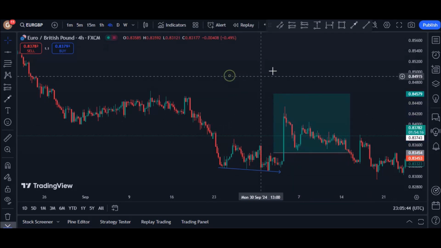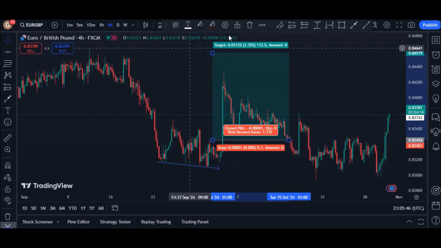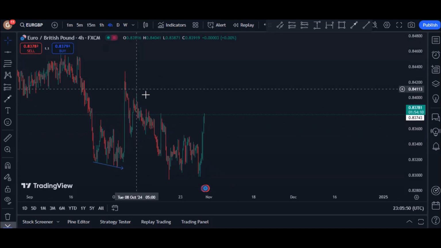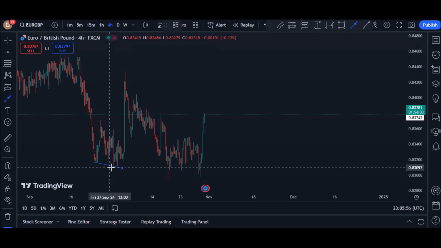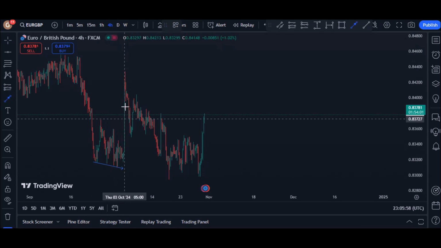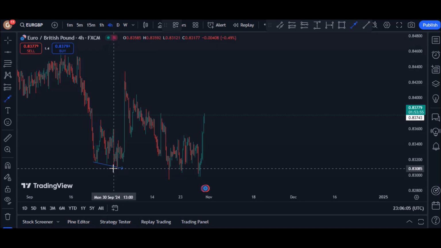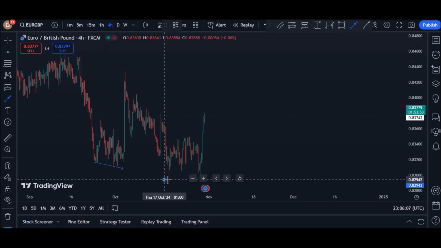So the next trade I took, or I'm currently in now, is this same pair, and you see price made this low, and then you see this bullish move, and price came down and took the previous lows, so it made a new low.